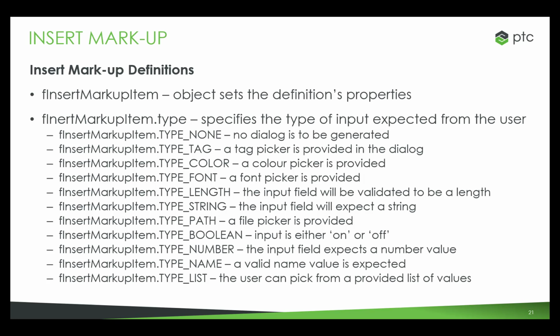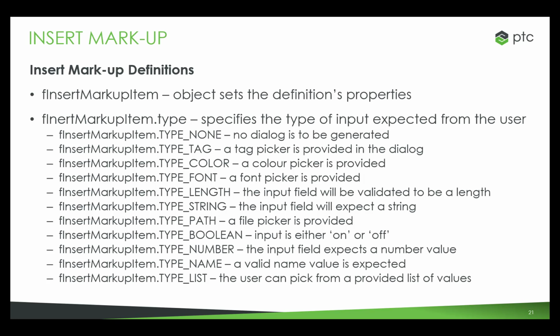None specifies that you don't want to see a little pop-up dialog box. The tag type provides a tag picker, so you can pick any of the tags which are in the document. There's a color picker, a font picker. There's a length validator, so the value that gets input must be a valid length. There's a string type.